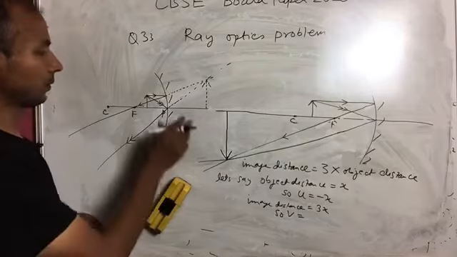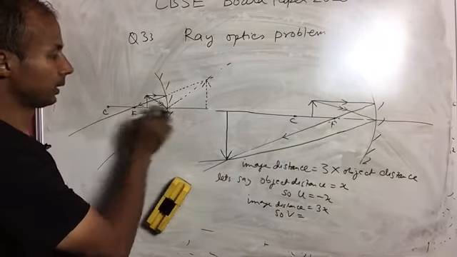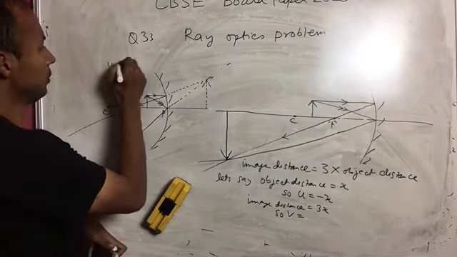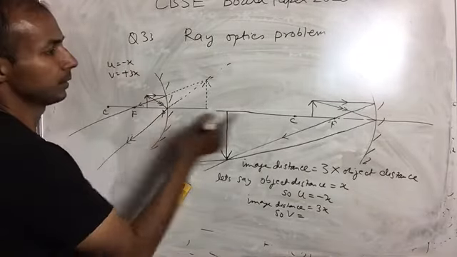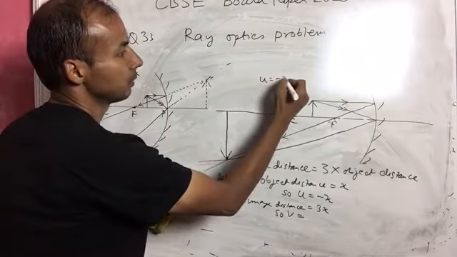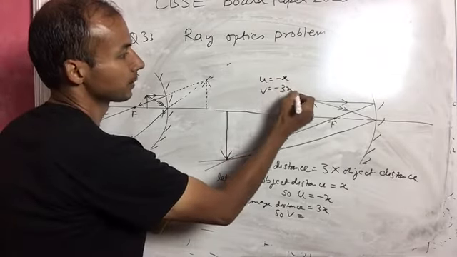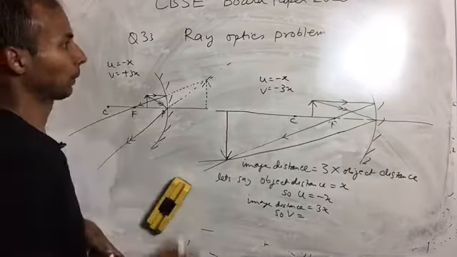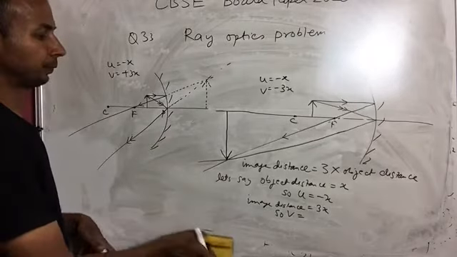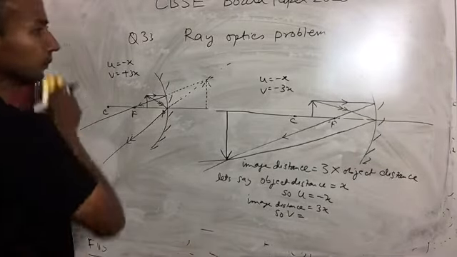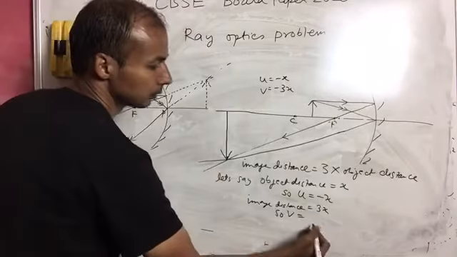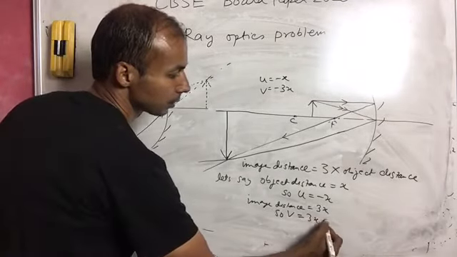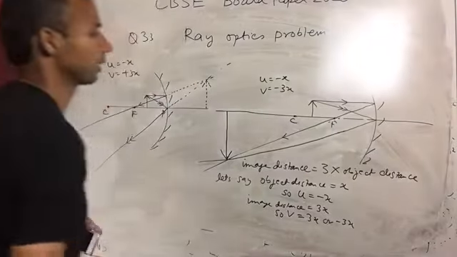Now v is, if you see here, in this case u is equal to minus x and v is equal to plus 3x. In this case, u is equal to minus x and v is equal to minus 3x, right? So v will differ in the two diagrams: it will be 3x or minus 3x depending upon which diagram we are talking about.